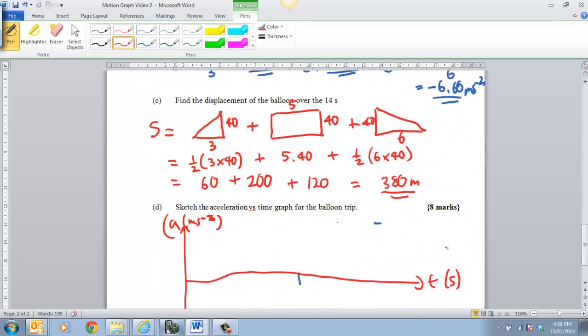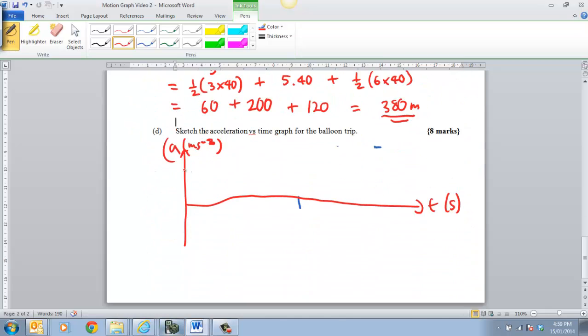So our acceleration versus time graph is going to be a first bit there for the first 3 seconds. So that's 3, and that's going to be 13.33. Then it's going to be stationary over here until the 8 second mark. And then it's going to come down over here to the 14 second mark.